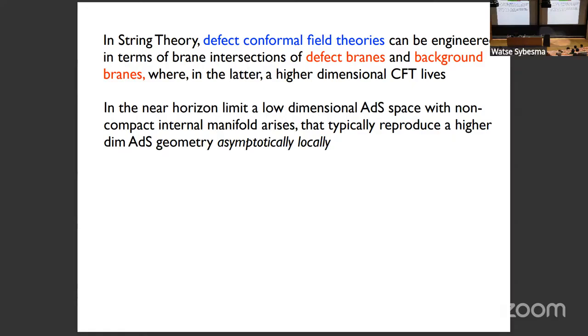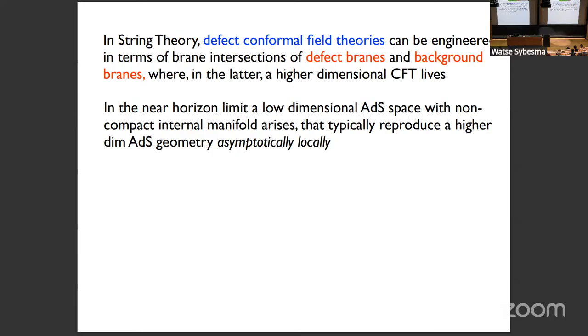In many cases, and I will show some examples of this, what happens is that this non-compact direction that appears in the internal manifold, asymptotically, typically when it is sent to infinity, will become, with some other parts of the internal space, part of the higher dimensional AdS space that is dual to the background conformal field theory where the defects are inserted.